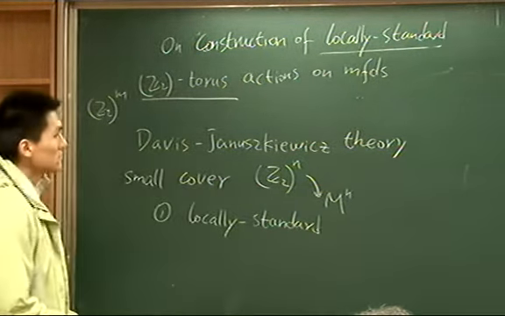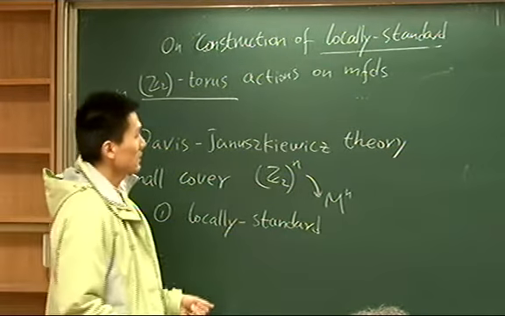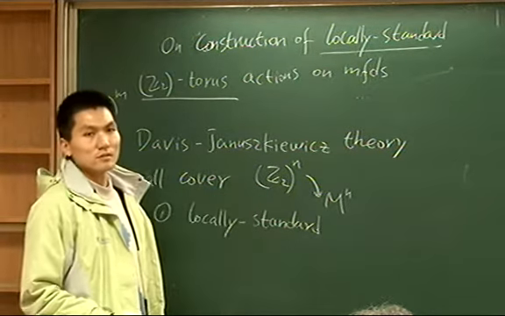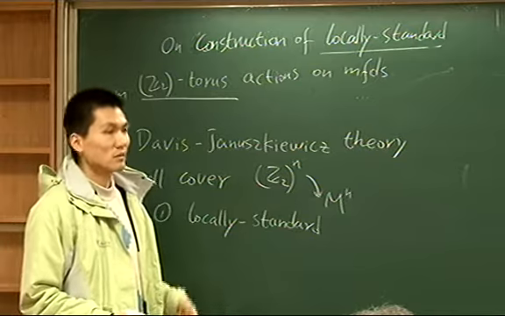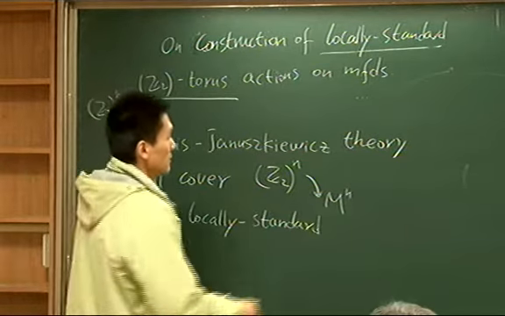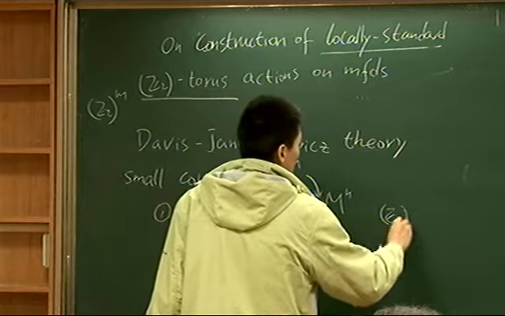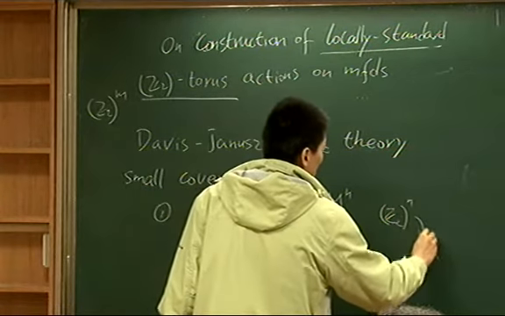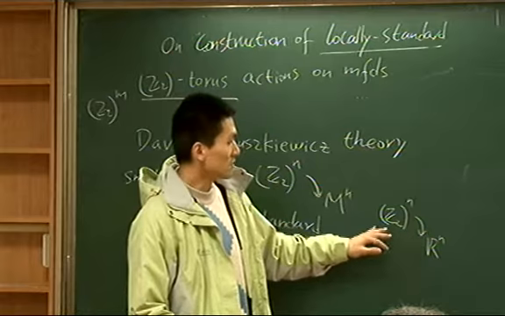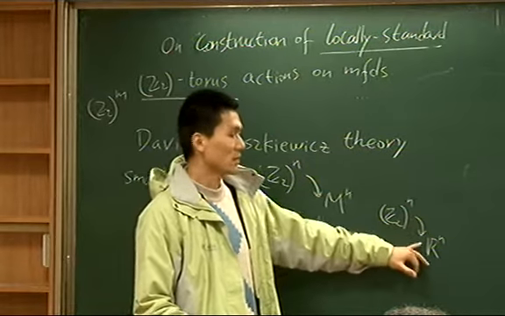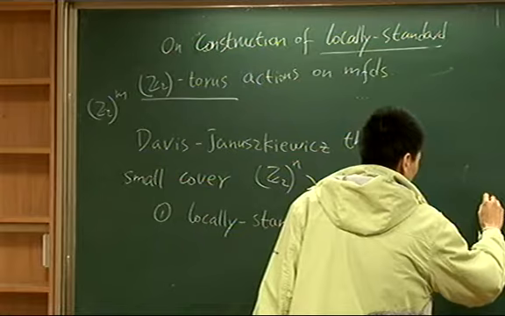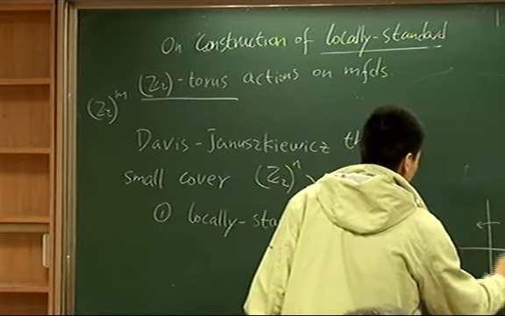And this means that each point of M has a Z2^n invariant neighborhood which is equivariantly homeomorphic to the standard action of Z2^n on R^n. I mean, the standard action of Z2^n on R^n is just reflections.